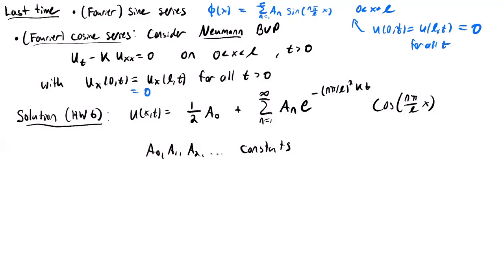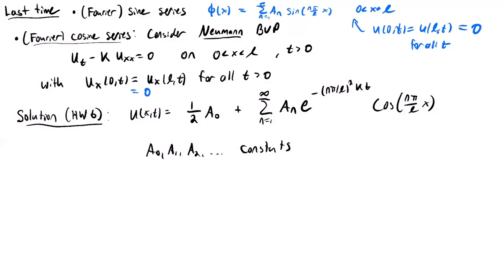You can solve this problem using separation of variables, as we've seen for several examples previously. This problem is on your homework, homework 6, which is due at the end of this week. It'll be very similar to the other separation of variables examples we've looked at, and in particular the calculation you did in detail on homework 3.